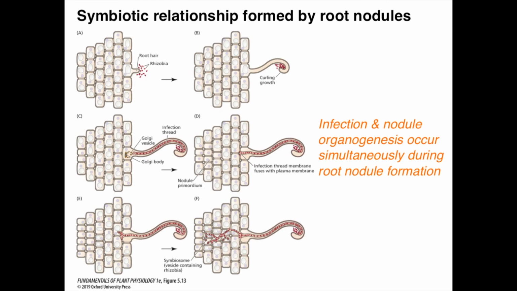Rhizobia species will each have their own signal that they send out to the plant, inducing that curling formation in the early stages of this infection. So when we don't have the very specific species of legume and species of rhizobia, then that root nodule formation doesn't happen. We need that very specialized relationship of the particular species.